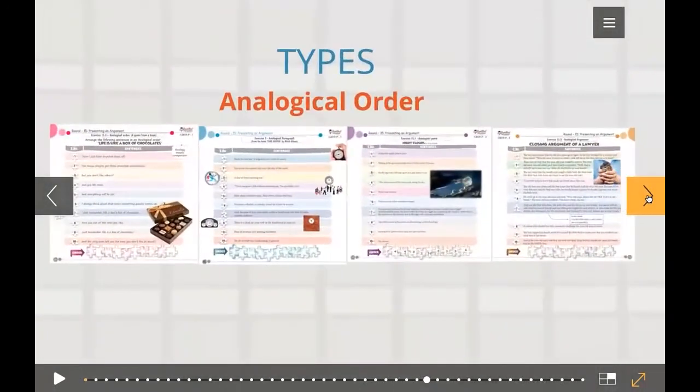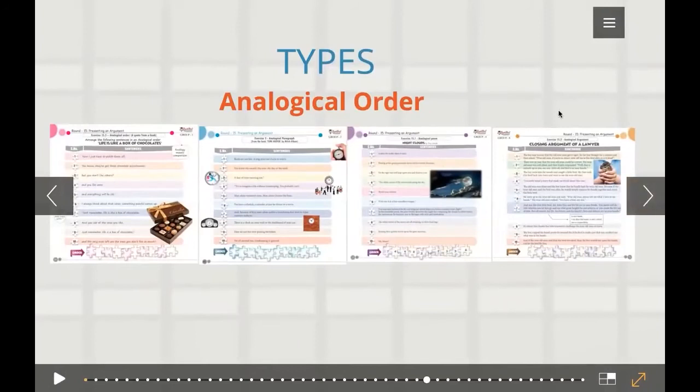And what is analogical order? Analogy is nothing but comparison. So here we have "Life is like a box of chocolates," an excerpt from the script of a movie, and these are all comparing one thing to another.